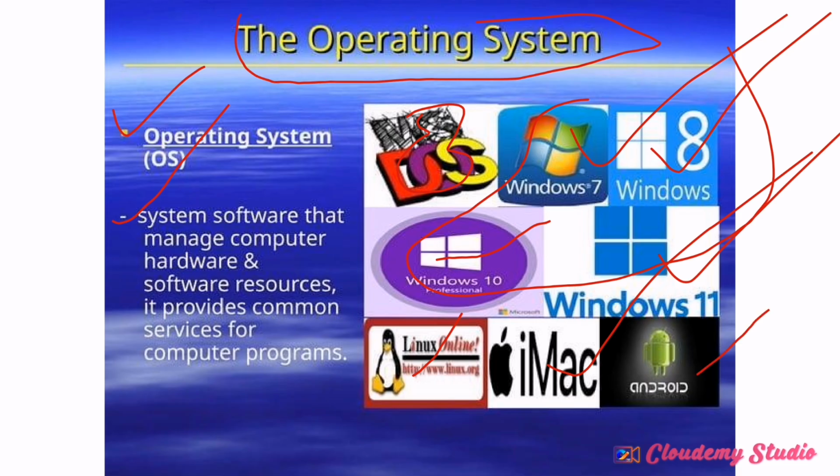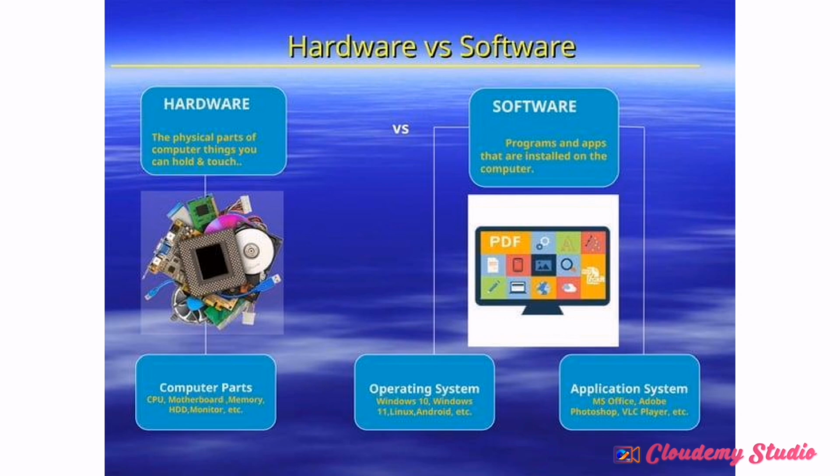Like an Android phone is also an OS, an operating system. For Windows we have Windows 7, 8, 10, and 11. That is for Windows, but it's just a different name. Android is an OS, iMac is an OS, Linux is an OS. They just have different names according to the company that came up with the software we are using. Okay, so let's proceed.